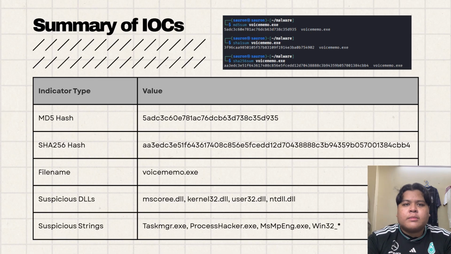We have also mapped out the primary suspicious DLLs it imports, such as mscoree.dll, which confirms its .NET dependency, alongside core Windows system libraries like kernel32.dll and ntdll.dll. Identifying these IOCs is a critical step as they allow us to deploy accurate network and endpoint defenses.